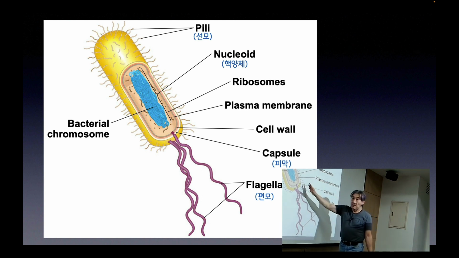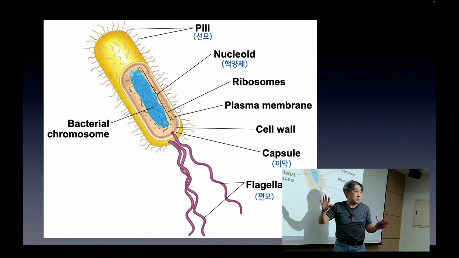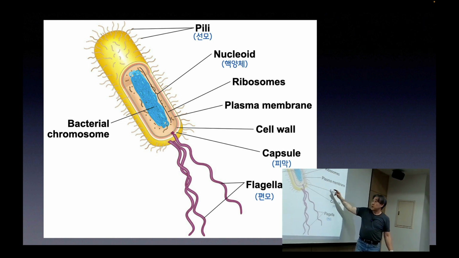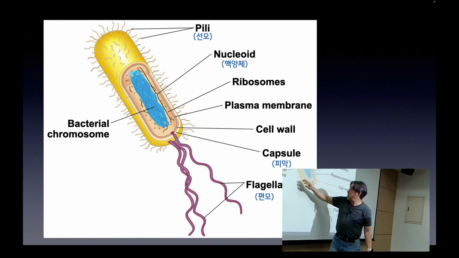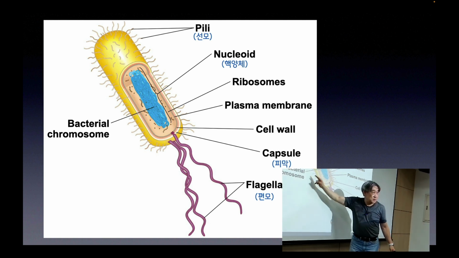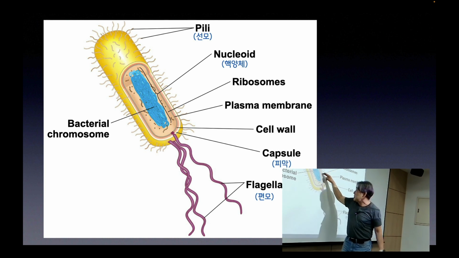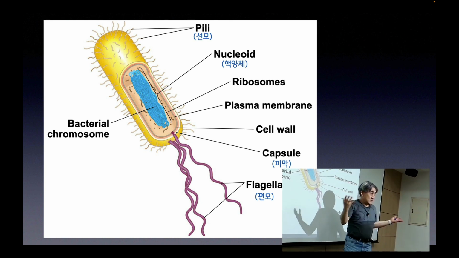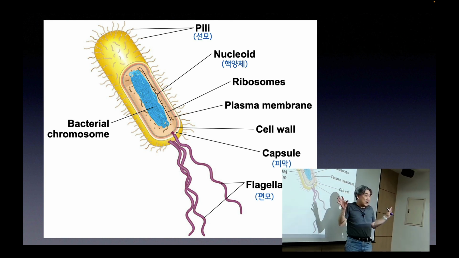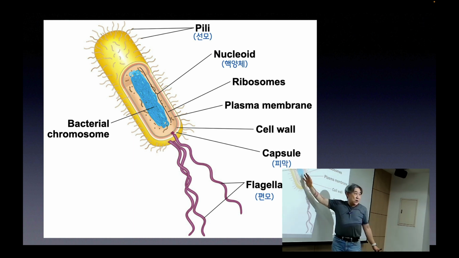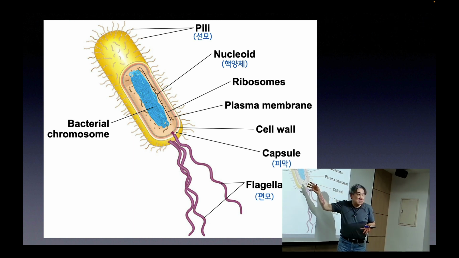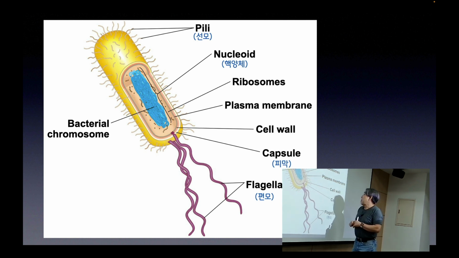The cell membrane is there, just like all other types of cells. It has to have a cell membrane somewhere. They do have a chromosome, a bacterial chromosome, but unlike eukaryotic cells, they do not have any nucleus. It's just so-called naked, without any protection. That's what makes this cell a prokaryote, obviously.